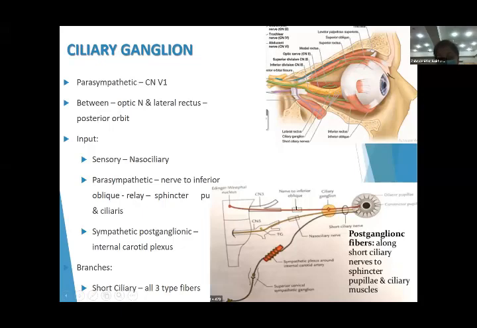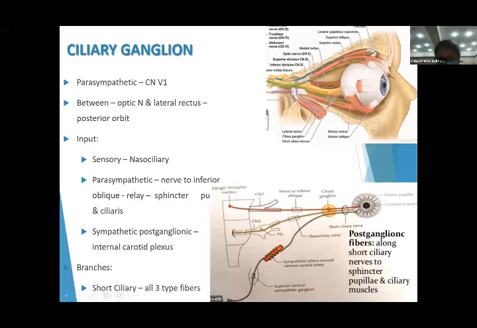These parasympathetic fibers pass with the nerve to the inferior oblique, then leave it, enter the ganglion, and relay in the ganglion. Then postganglionic fibers pass through the short ciliary nerves and supply the sphincter pupillae and ciliary muscles. Okay?